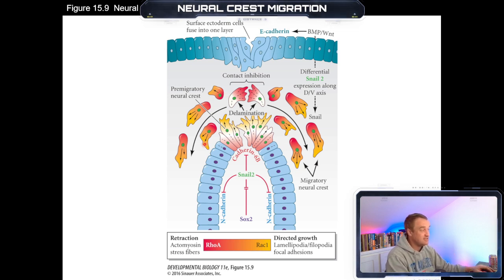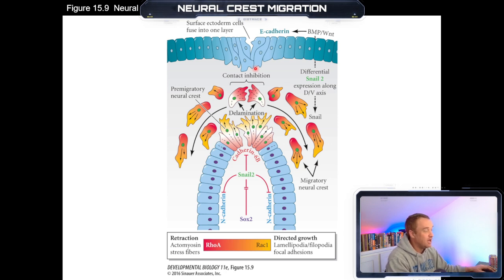BMP and WNT signals specify the three major regions of the neural epithelium. Where are BMP and WNT pictured on here? Okay, so those are specifying the three major regions of the neural epithelium up here, which are distinguished by their expression of unique adhesion proteins.